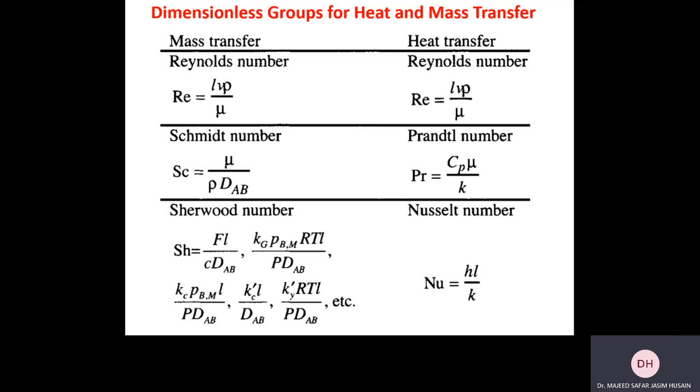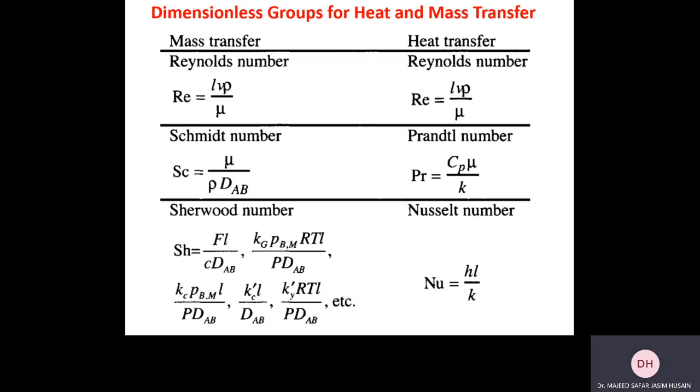Schmidt number for mass transfer. So we can replace Prandtl with Schmidt. So what is the Schmidt number? It again depends on physical properties. It is viscosity, density, and the diffusion coefficient, diffusivity, DAB.